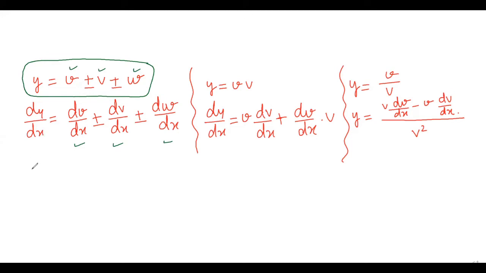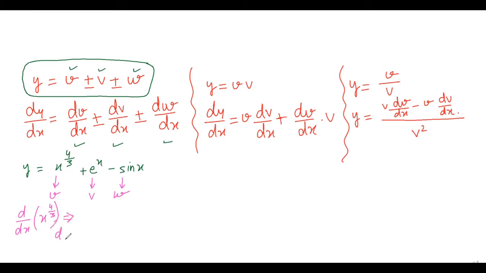So let us take an example. The question which was given was y is equal to x raised to power 4 by 3 plus e^x minus sin x. So what I'm trying to convey, Avantika, is that this is my u, this is my v, and this is my w, and I don't need to worry much, because I just want to find the differential of x raised to power 4 by 3 independently, whatever may be the answer.